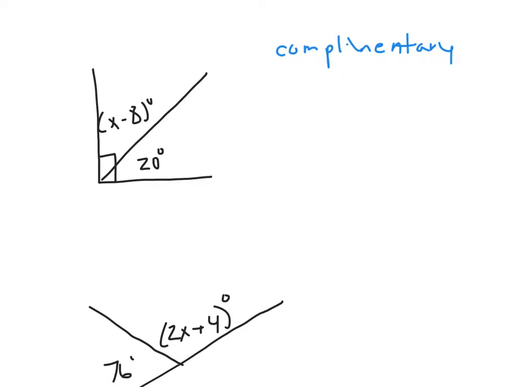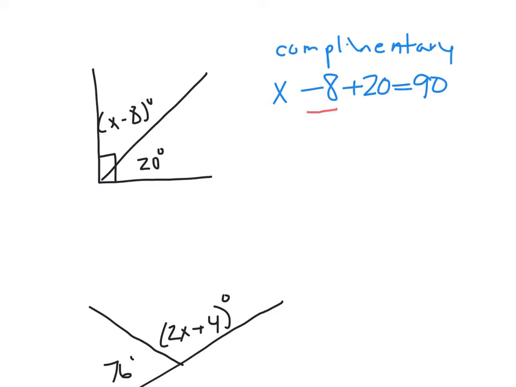So what that means is this angle plus this angle equals 90 degrees. So x minus 8 plus 20 will equal 90 degrees. So let's write that equation. x minus 8 plus 20 equals 90 degrees.